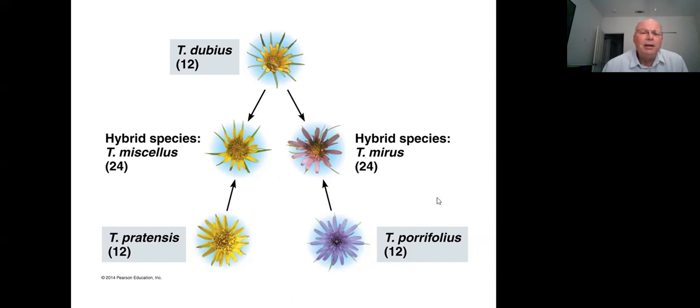So here's the diagram of the 3 wild relatives of wheat, and you can see that each of them has 14 chromosomes. And then if you multiply 14 by 3, you get 42, and that gives you the hexaploid number for domestic wheat. And we know that these are the chromosomes that have come from the wild parents.